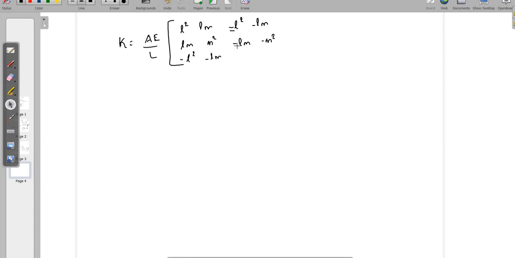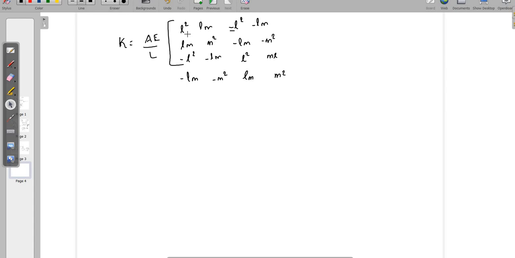So here minus LM, so here also minus LM. Next one, it is L square, ML, so I can put here minus LM. Definitely the off-diagonal here is minus LM. Next one minus M square here, so here also minus M square. Next one here ML, so definitely here also LM and M square.